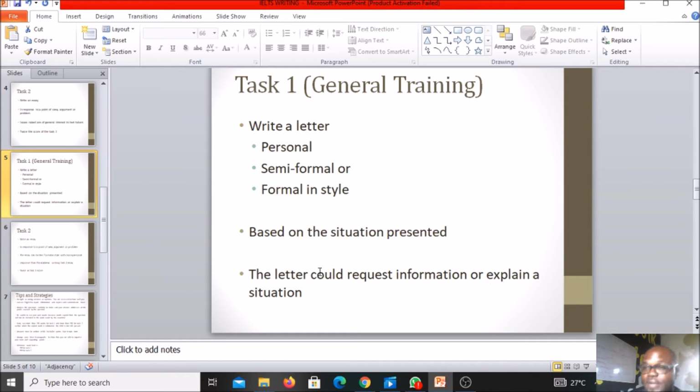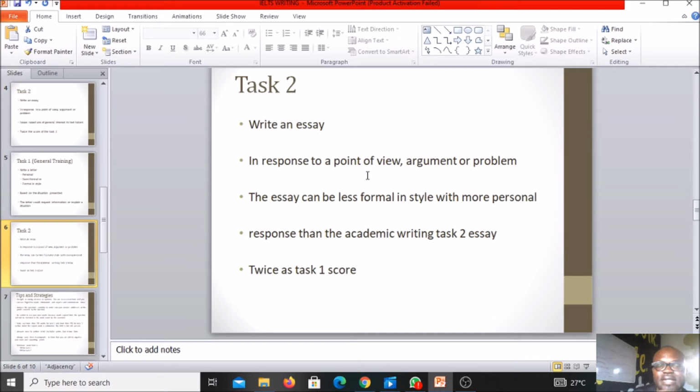You can also be writing a letter requesting information, maybe from your boss at work, or explaining what is happening in the office. Now, task 2 for people going for work and migration, which is general training, will comprise an essay. You will be expected to write an essay in response to a point of view, argument, or problem.